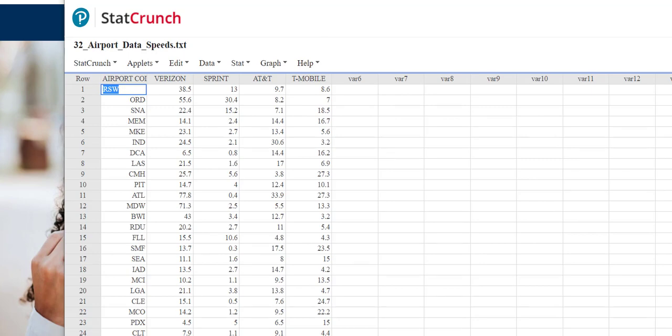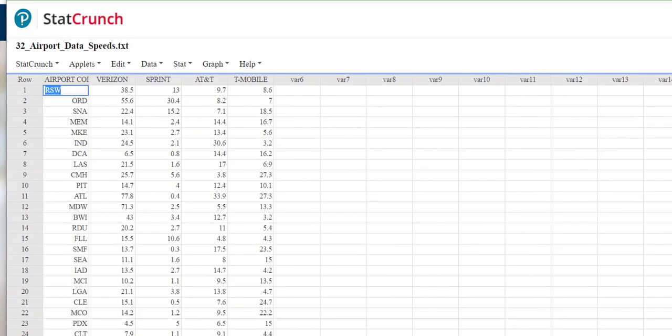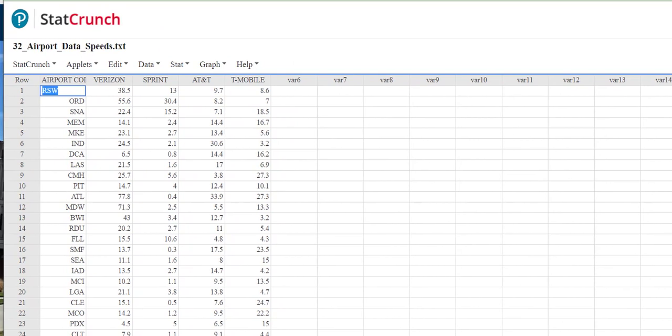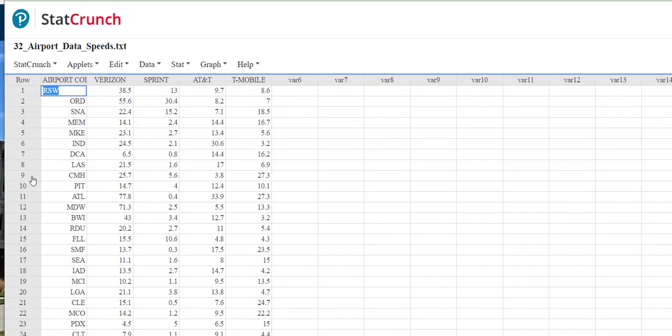So once we have the data speeds open, we can start working on the data. So we have Verizon, Sprint, AT&T, and T-Mobile. Those are the 4 carriers, and the airport code. This represents the speeds in megabits per second of each carrier as people use data at the different airports.